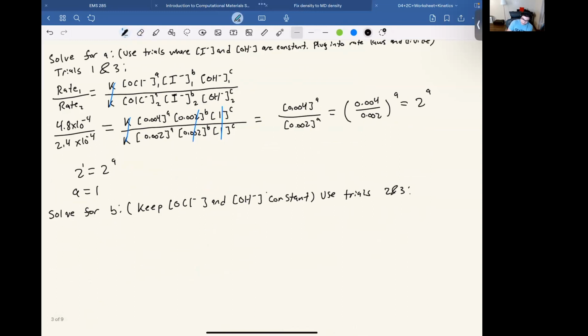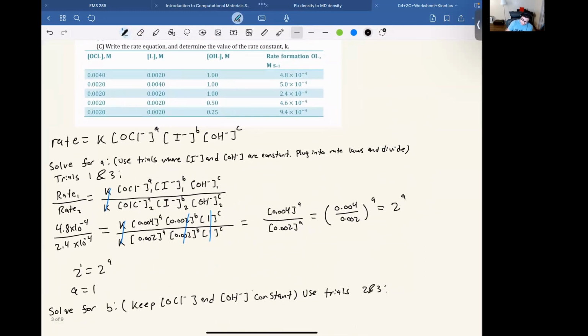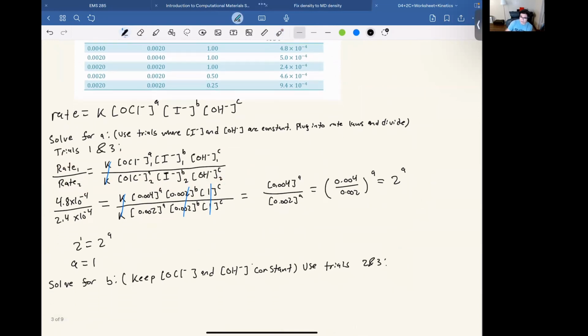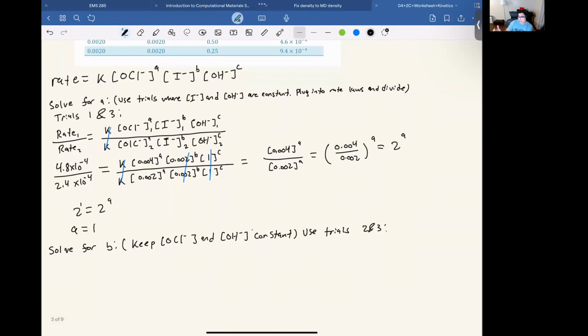So doing that, I'm just going to plug in the rates. Really what I'm doing is plugging in here. You can memorize the equation if you want. You are just dividing two rate laws. I think that's a much easier way to remember that. Or it's the same rate law with different things plugged in, actually.